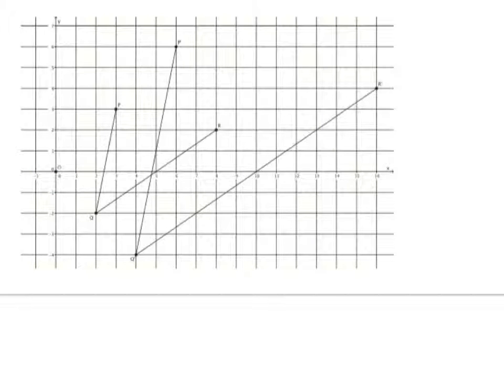Now you remember the definition of an angle is the union of two rays. So I have two rays there and two rays here. The union of the two rays forms an angle.